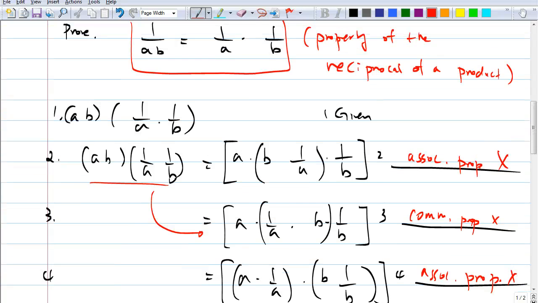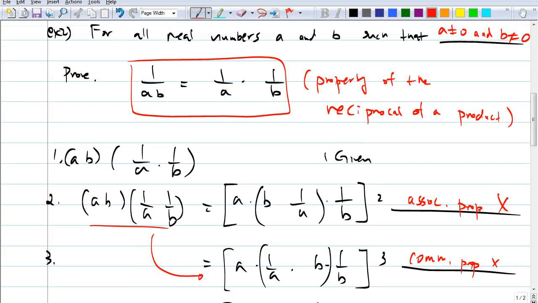Okay? Now, on your homework, one thing that's interesting is this. Let me read to you the direction. It says, write the missing reasons for exercises 2 to 8. Assume that each variable represents a real number except as noted. And sometimes you could use a previously proved theorem.